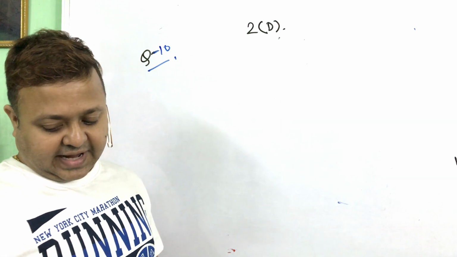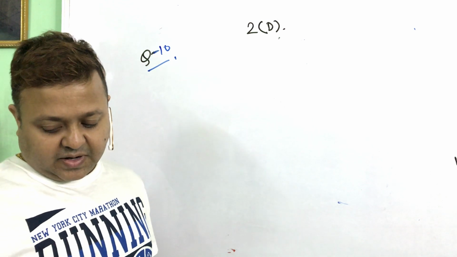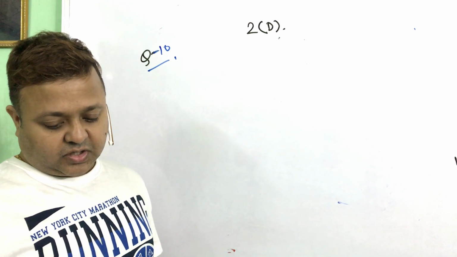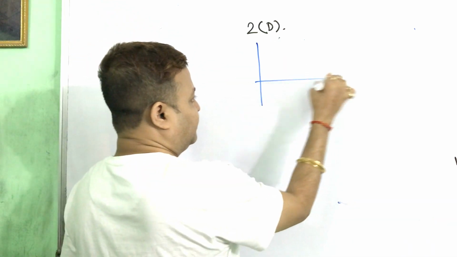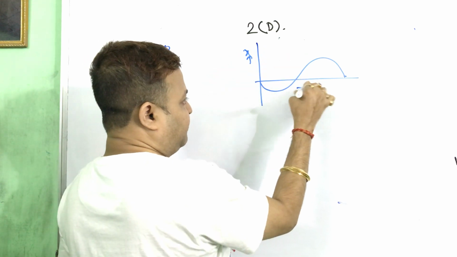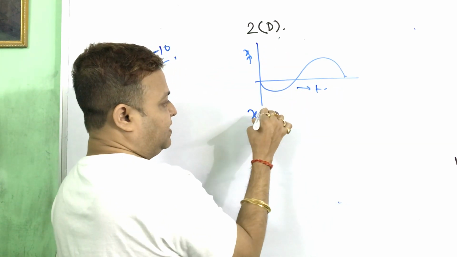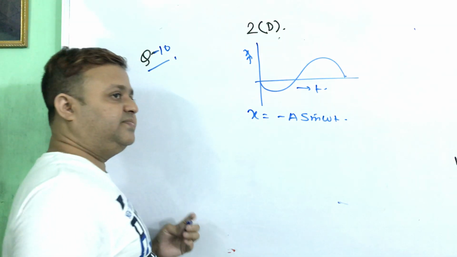The corresponding acceleration time graph. Position time graph of a particle is shown in the figure. Corresponding acceleration time graph. Position time. This is minus a sine of omega t. Sine function.